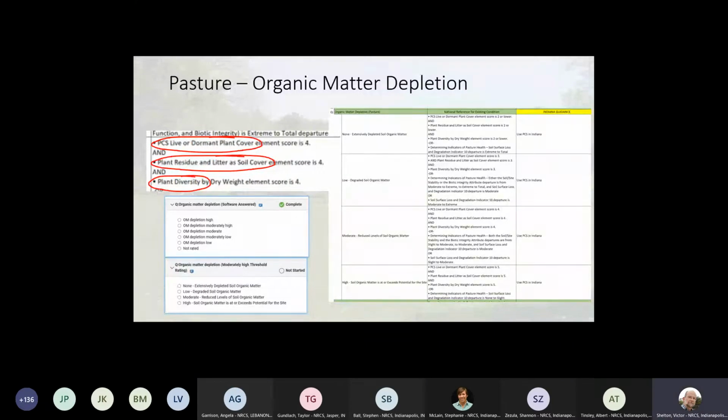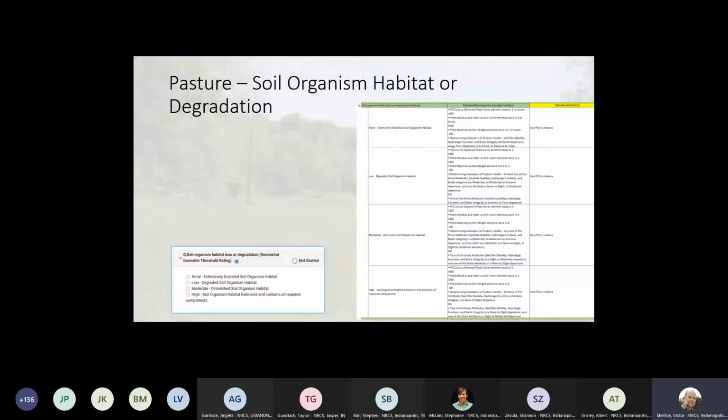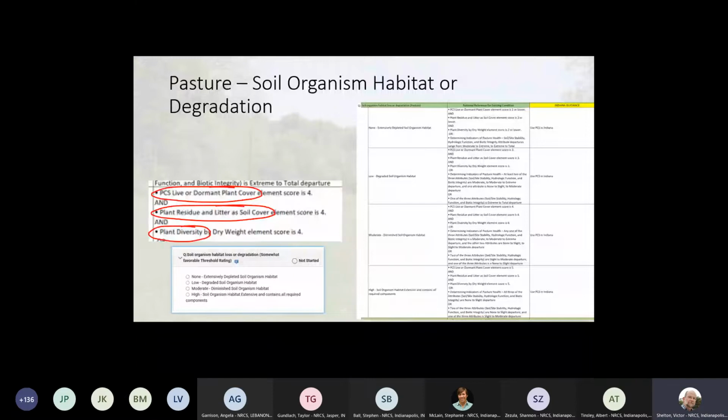The same thing goes with soil organism habitat or degradation. Everything in a PCS lines up exactly with CART, or perhaps it's better said CART doesn't line up sometimes exactly with the PCS. I think I've said that before. You always look at the score where you think, so you need to read each of them carefully.